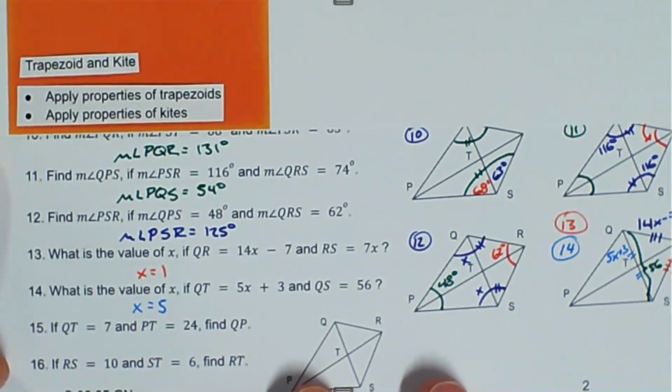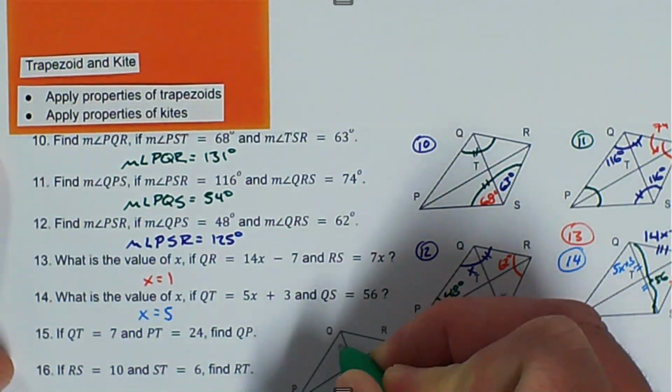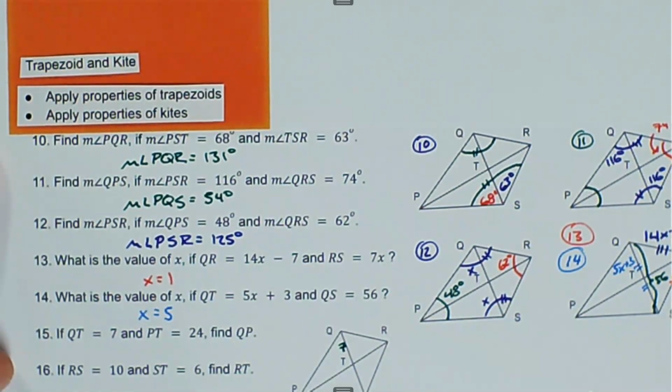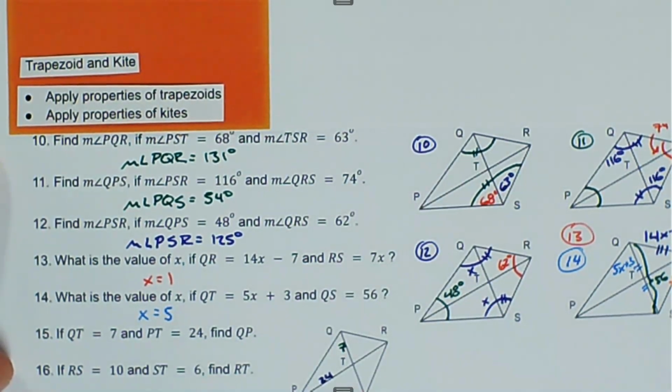We got 15 and 16. If QT is 7 and PT is 24, find QP.